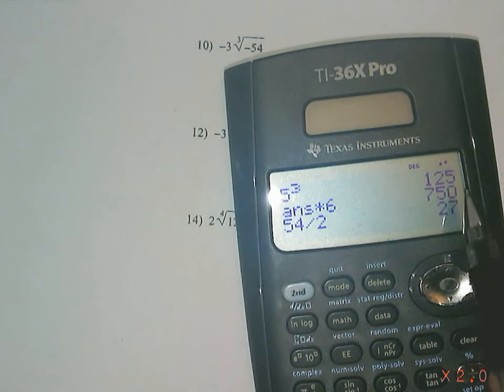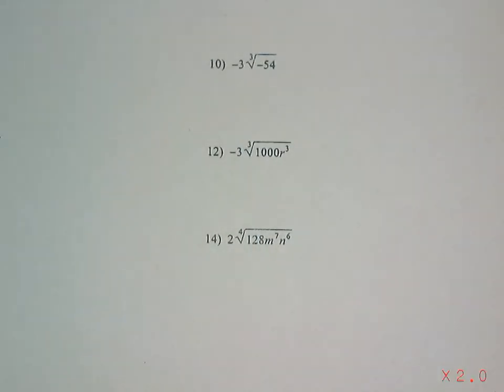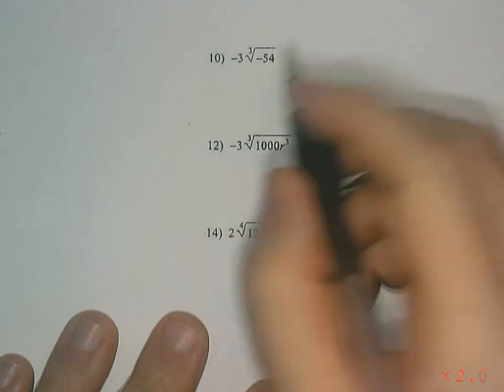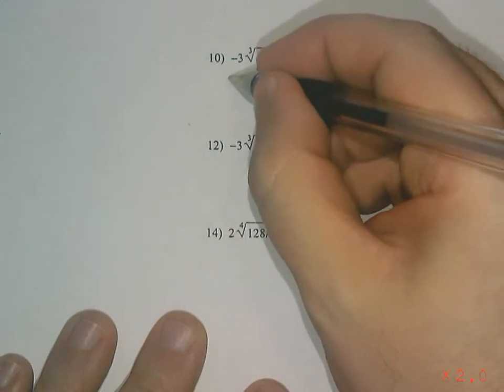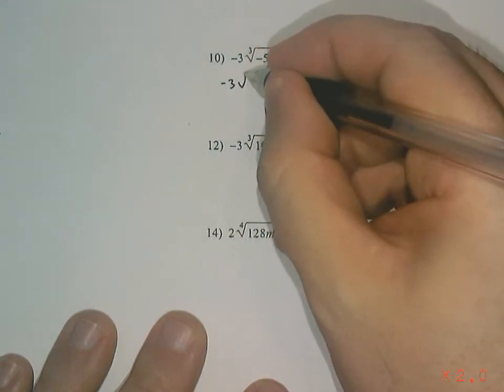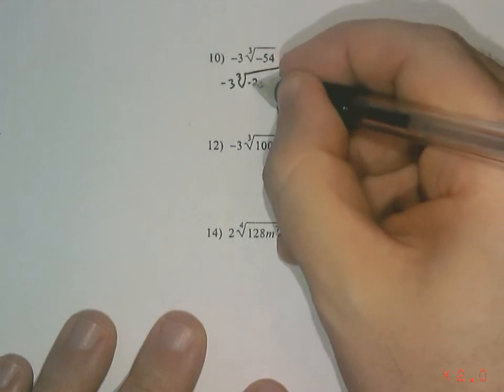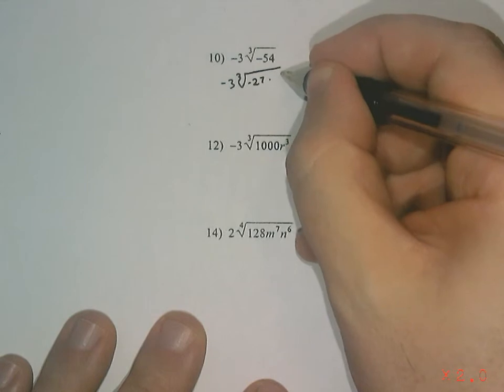Yeah, that would be a cube root of 3. It would actually be a negative 3 because it's negative 54. So let me rewrite that. So negative 3 times the cube root of negative 27 times 2.